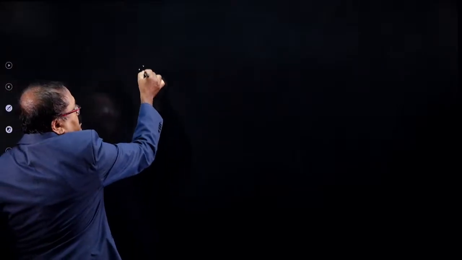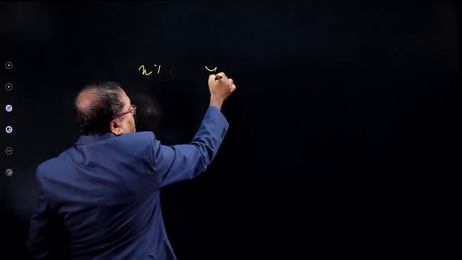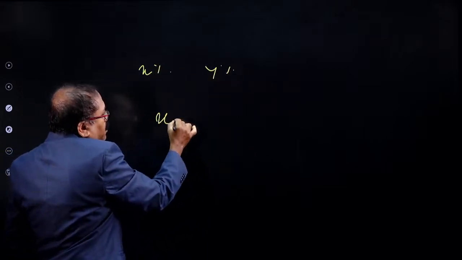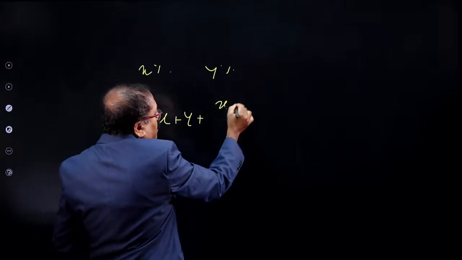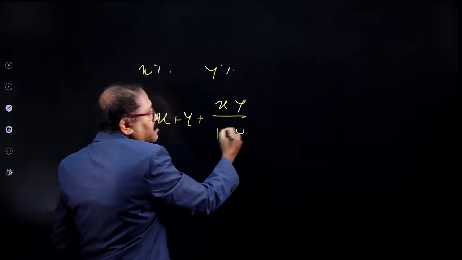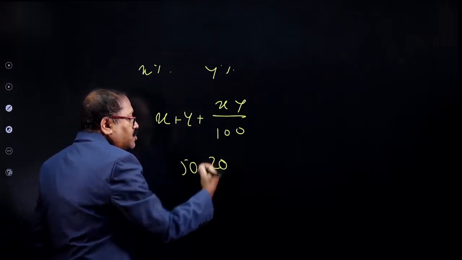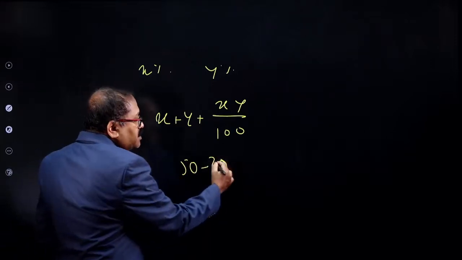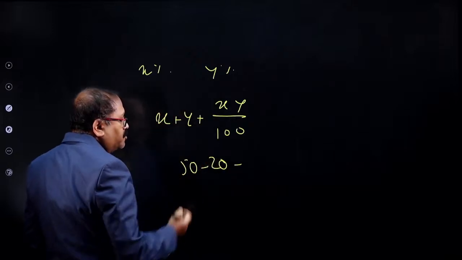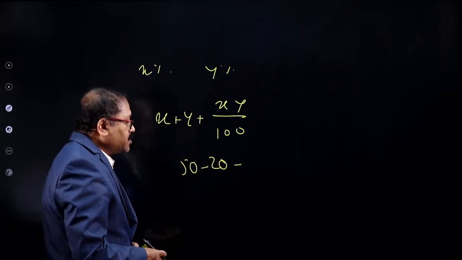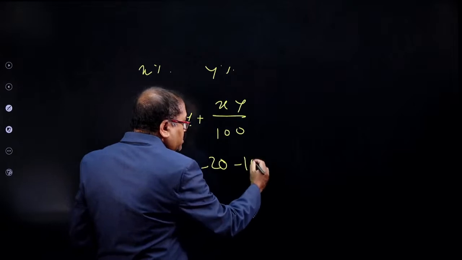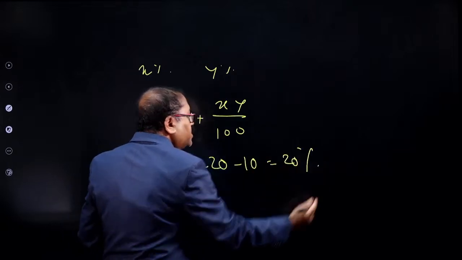If the first effect is x% and the second effect is y%, the net effect will be x plus y plus xy by 100. So he increased the price by 50% and gives a discount of 20%. So 50 minus 20, plus minus is minus, 20 into 50, that's 1000 divided by 100, which is 10. So overall 20% profit.